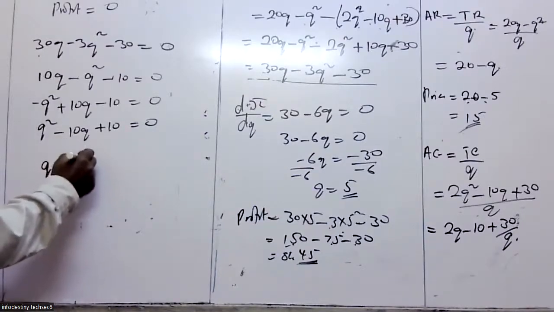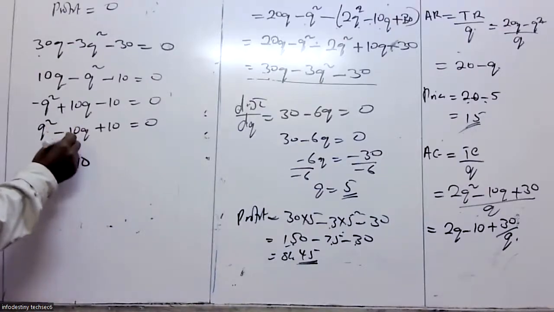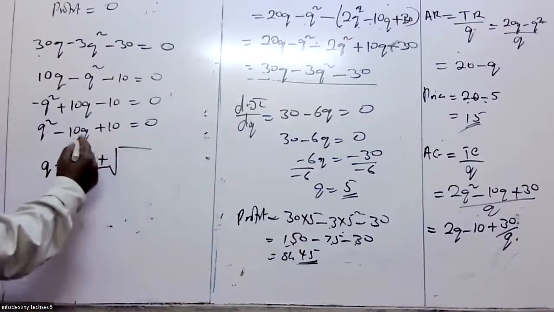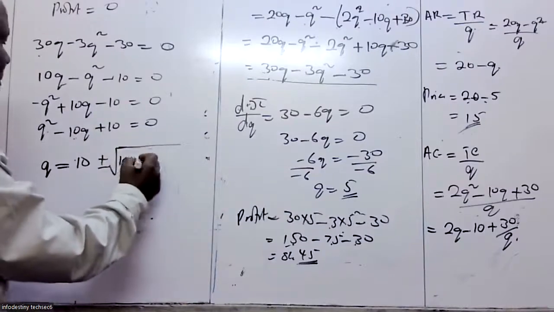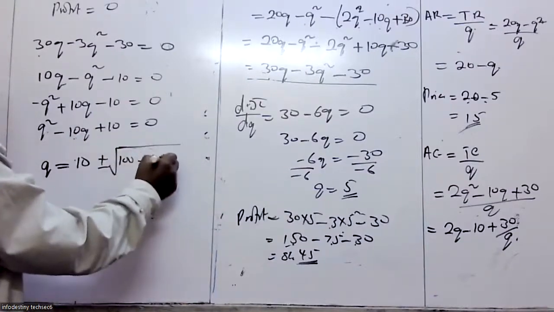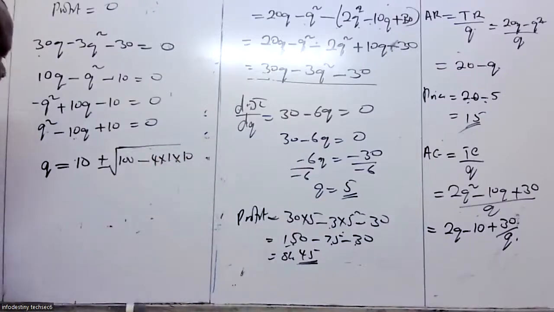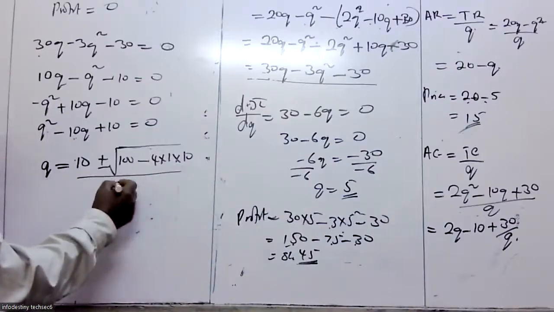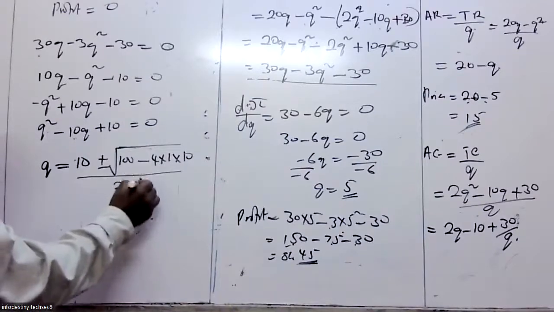So q will be equal to 10, because it's a minus, so it's going to change to positive, plus or minus the square root of this squared, which is 100, minus 4 times 1 times 10, divided by 2 times 1.